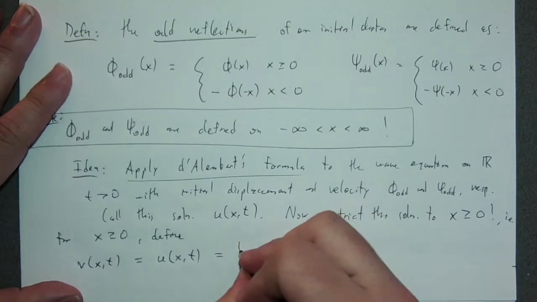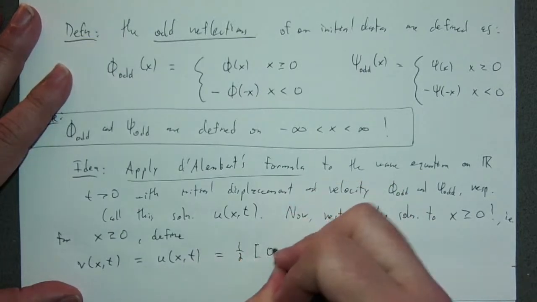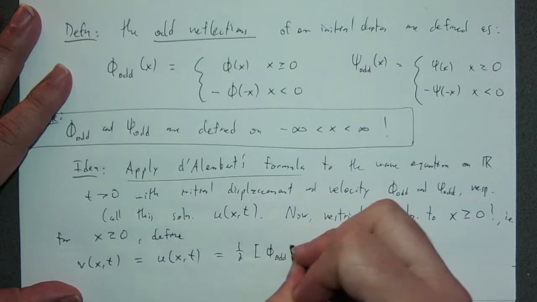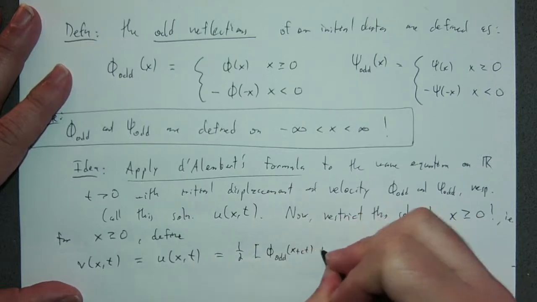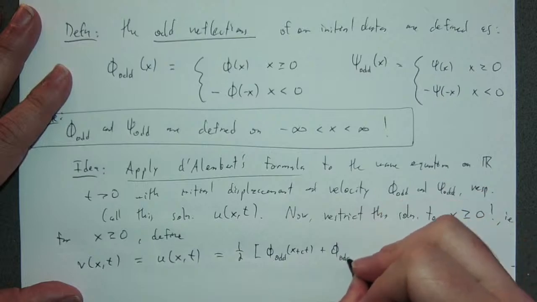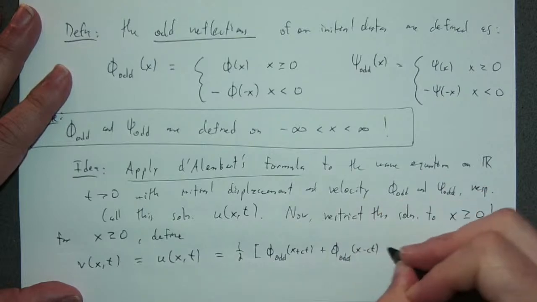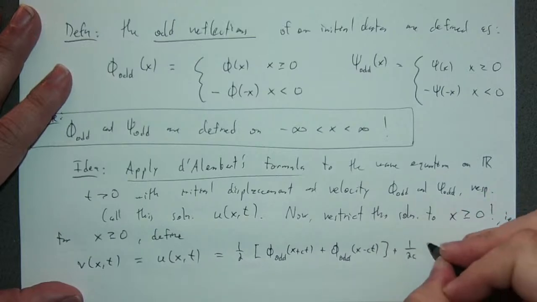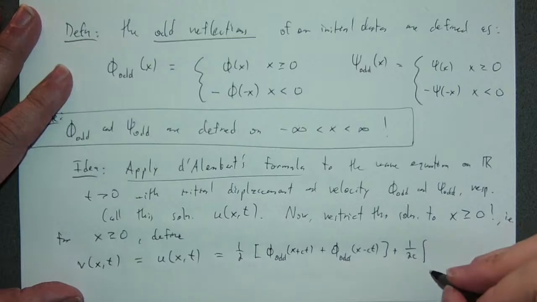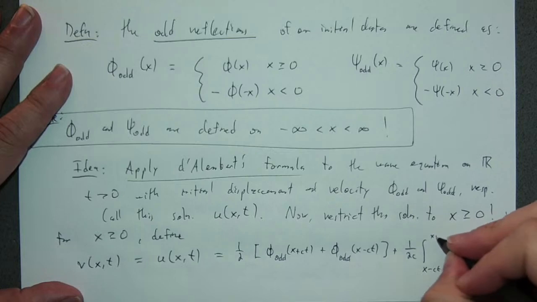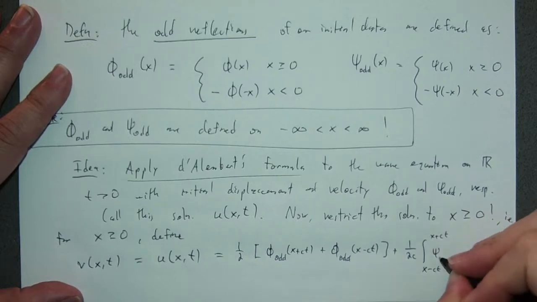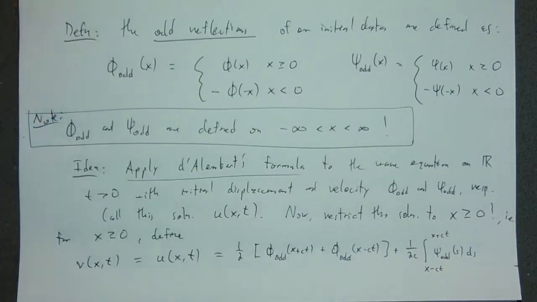This is going to be, just by D'Alembert's formula, 1/2 times phi odd of x plus ct plus phi odd of x minus ct, plus 1 over 2c times the integral from x minus ct to x plus ct of c odd of s ds, right? There it is.